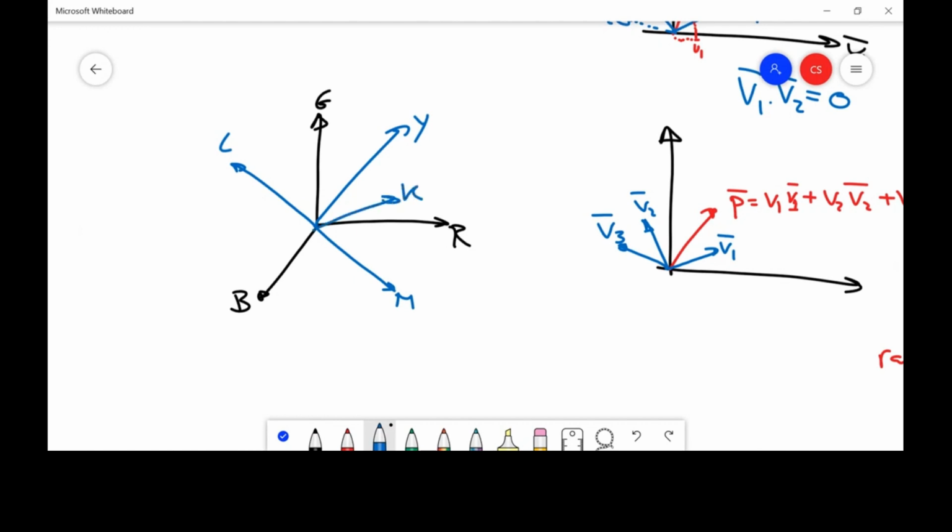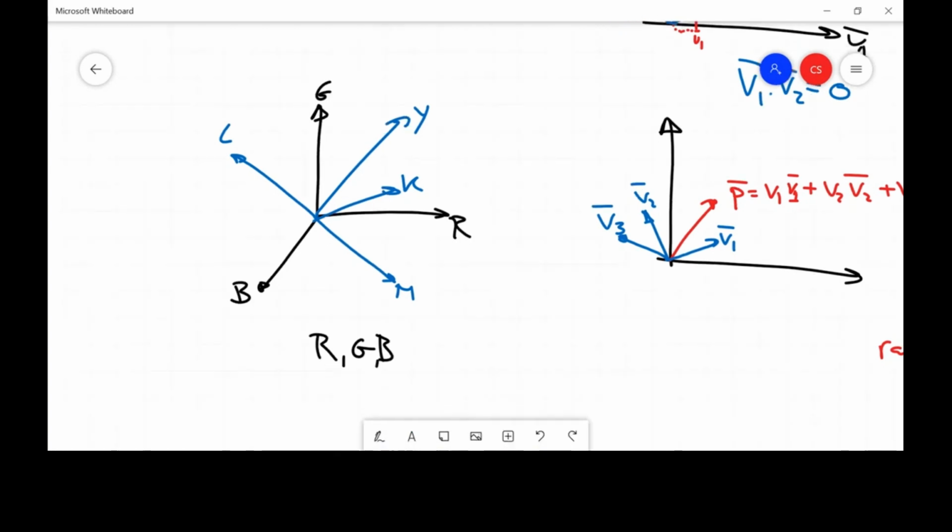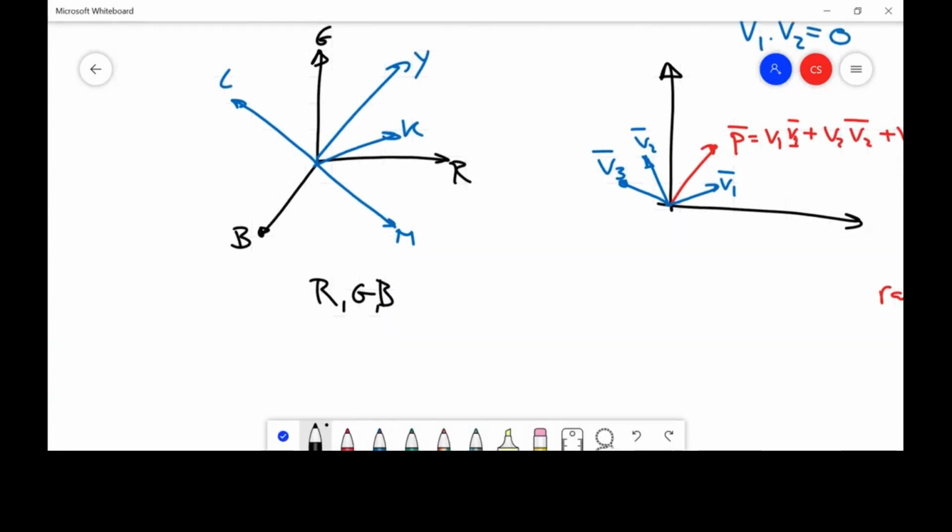And now we understand, okay, so for displaying RGB basis is very good. For printing, I could have used CMY, but because CMY is more expensive, because coloring is more expensive, I can add an extra vector that is much cheaper. And then I can get any color using a combination of these 4 vectors.